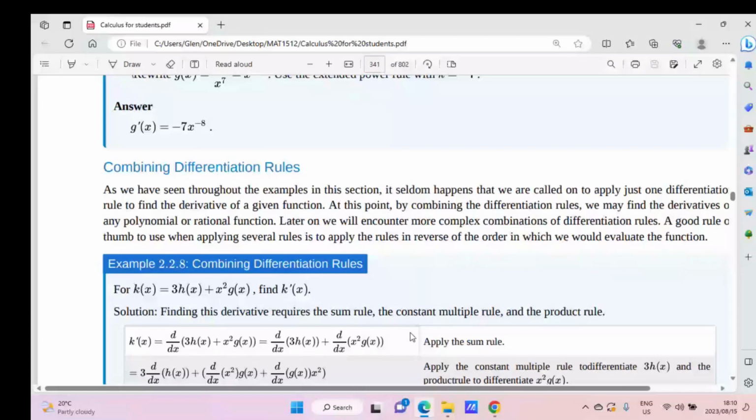Combining differentiation rules. Let's look at example 2.2.8 together. Here we are told that for k of x, which equals 3h of x plus x squared times g of x, we are requested to find the derivative of k.